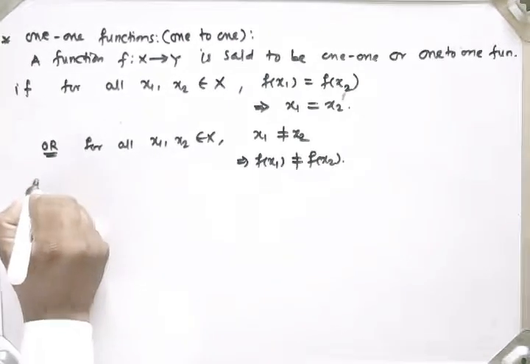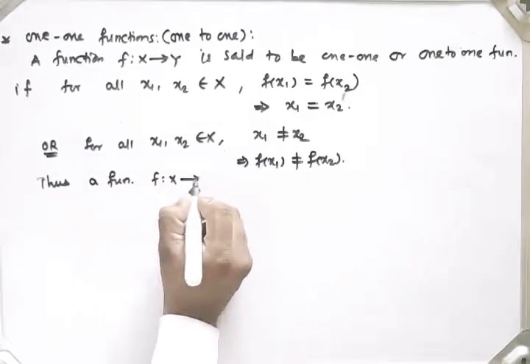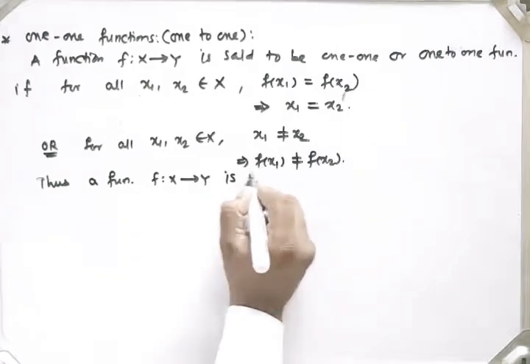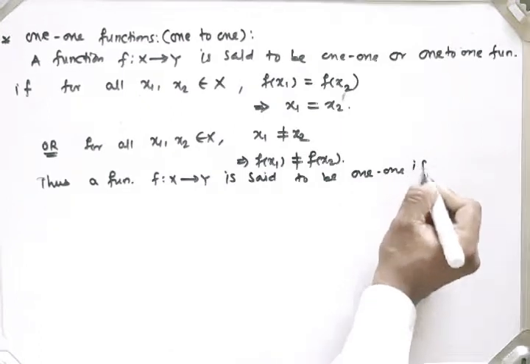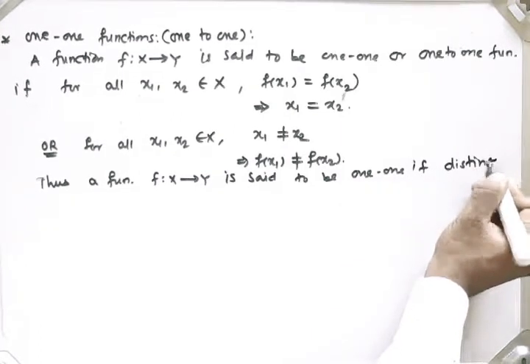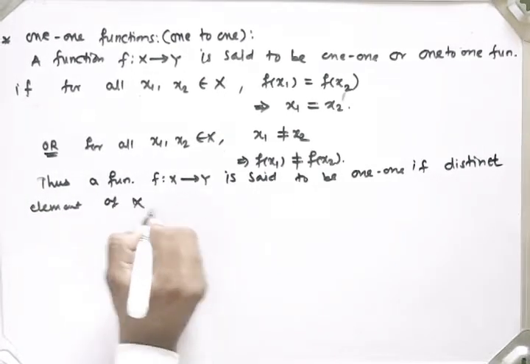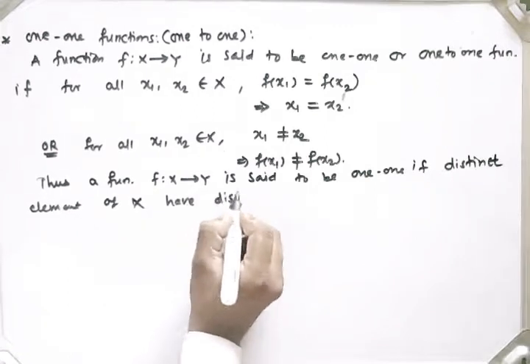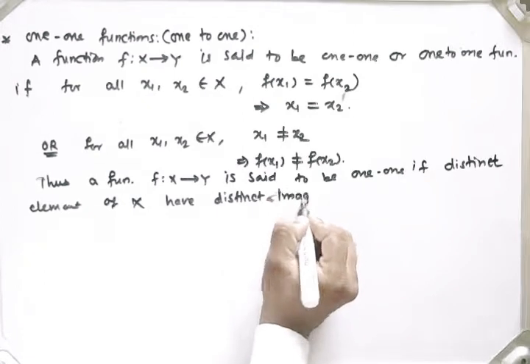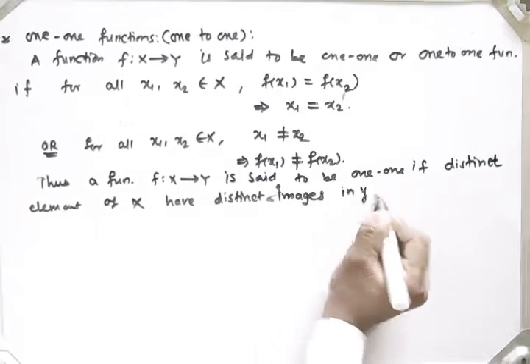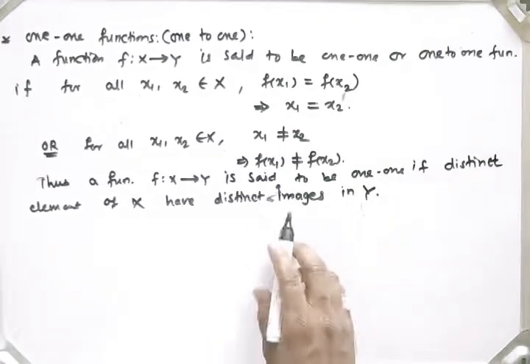Now thus, a function f from x to y is said to be 1-1 if distinct elements of x have distinct images in y, meaning distinct elements in set x have distinct images in y.